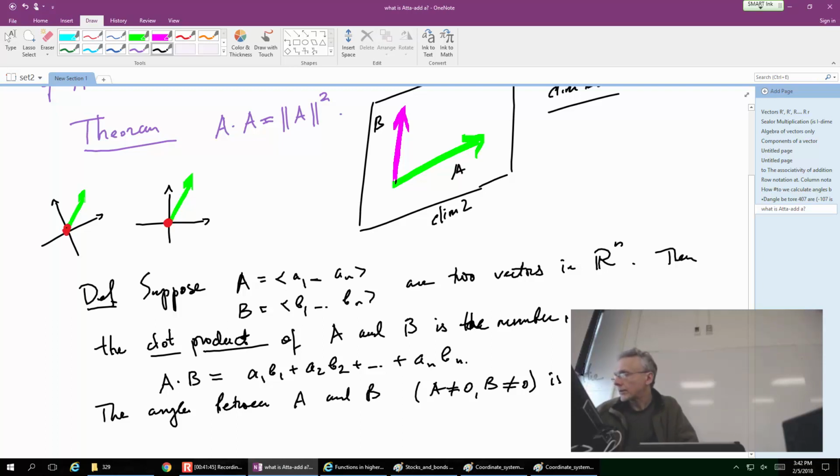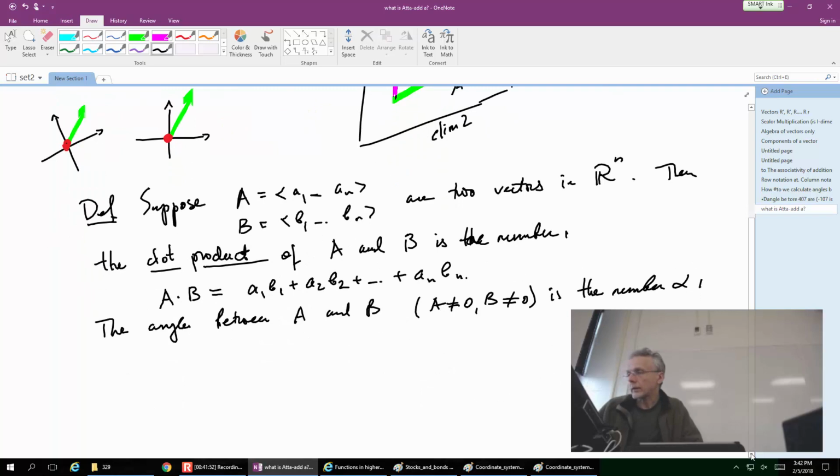Is the number, say, alpha, that satisfies that equation that we had. So cosine of alpha is equal to A dot B divided by the product of their magnitudes.